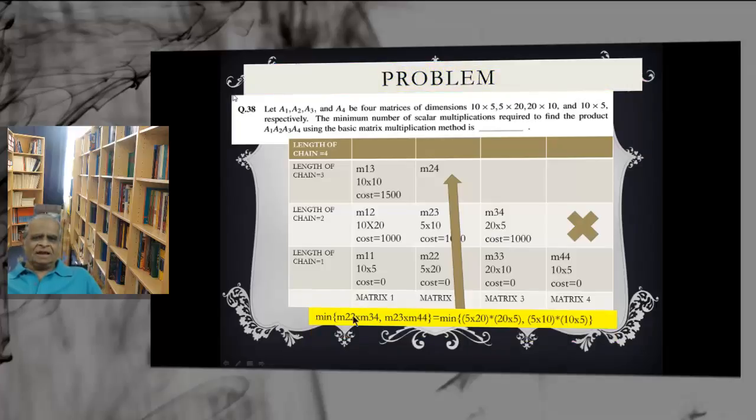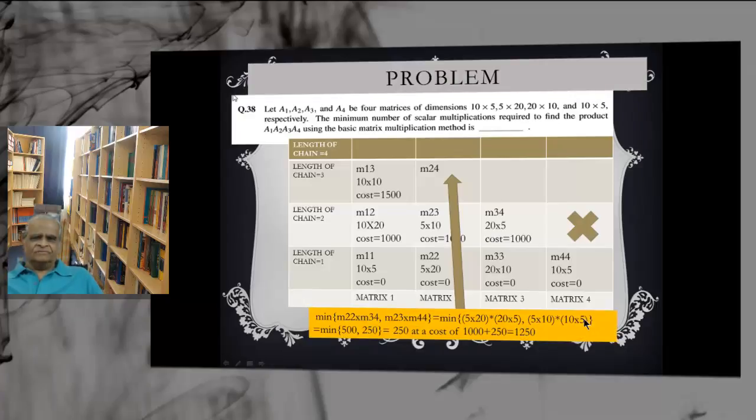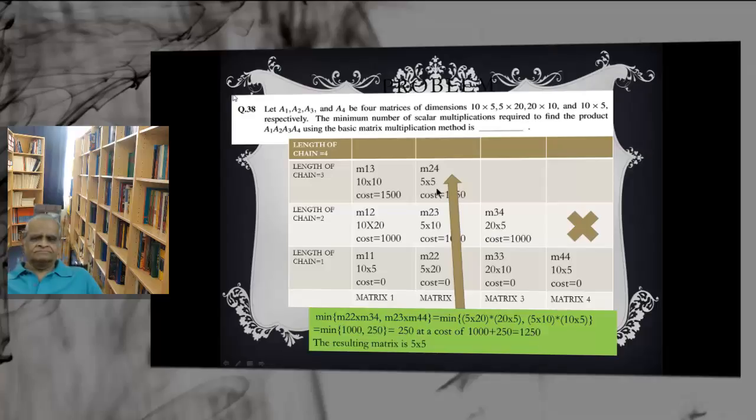This will effectively be M22 is 5 into 20 and M34 is 20 into 5, or M23 is 5 into 10 and M44 is 10 into 5. That would be the minimum of 500 and 250, which would be 250. The total cost is 1000 plus 250, which is 1250.